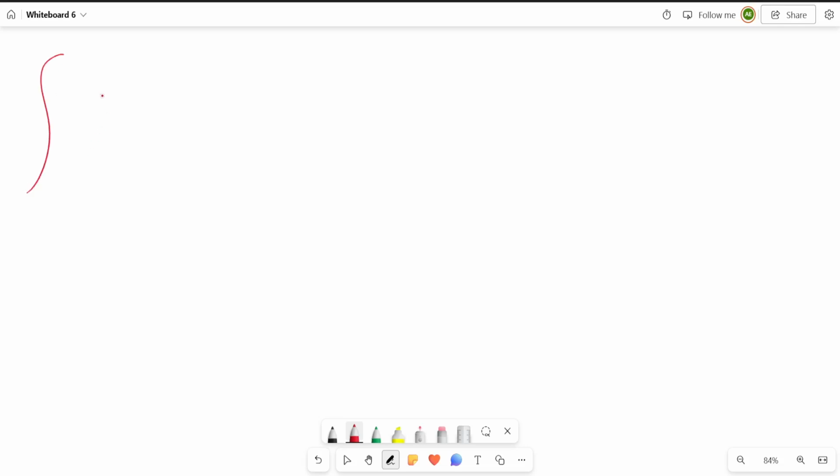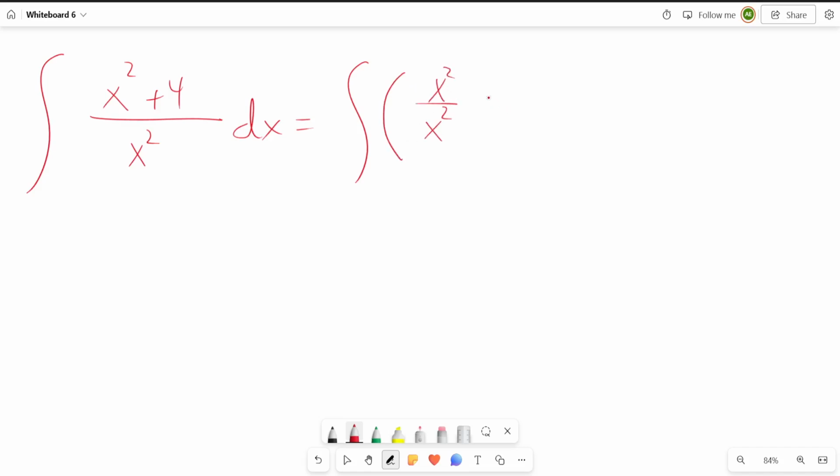Okay, so let's say we have a question like this. The integration of x squared plus 4 over x squared dx. We can rewrite that as x squared over x squared plus 4 over x squared dx. So we know that this is 1, and now we can rewrite this as the integration of 1 plus 4 over x squared.